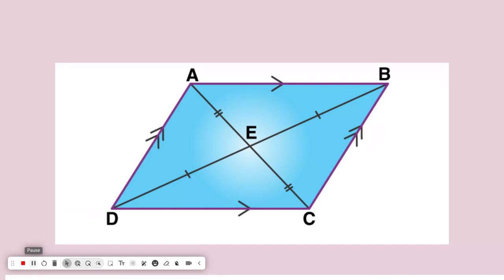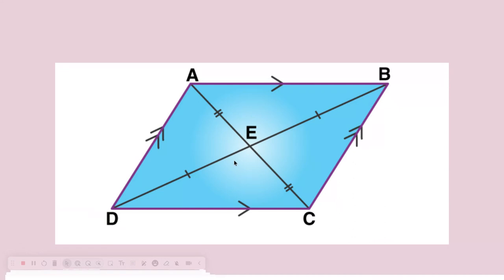So it's important to know that the diagonals will bisect each other in the center. They'll bisect each other, the diagonals. But diagonal AC will not be the same length as diagonal DB. They're not the same length. But when they bisect, each piece is the same length.